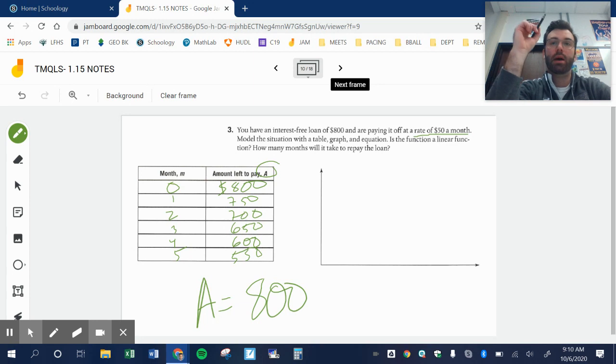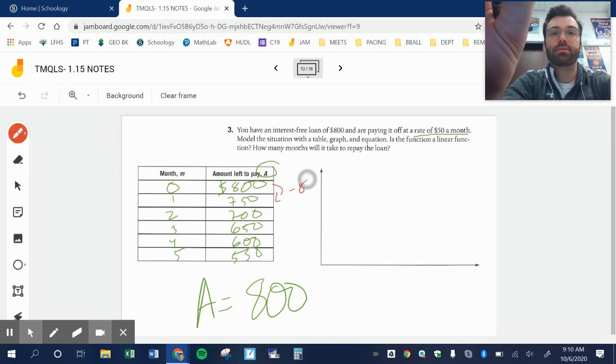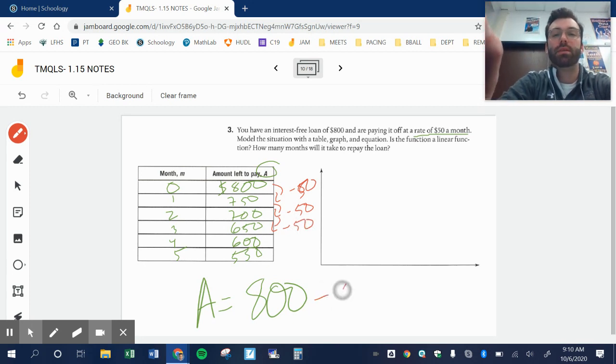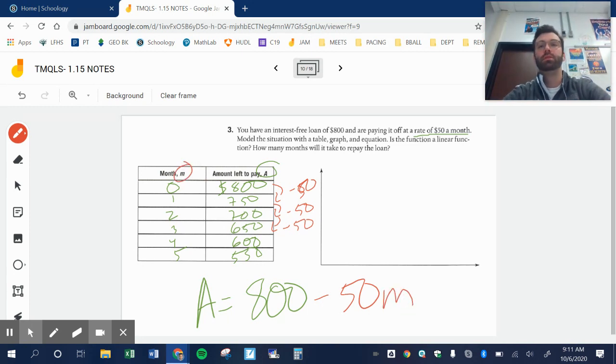I'm paying it off $50 a month, which means the amount that I owe is decreasing by $50 a month. When I pay something off, obviously this is going down, so I'll write that. It's minus 50, minus 50, minus 50. So that means I should have minus 50 times my independent variable, which is m.